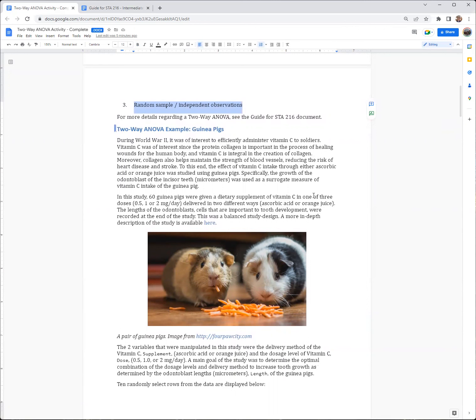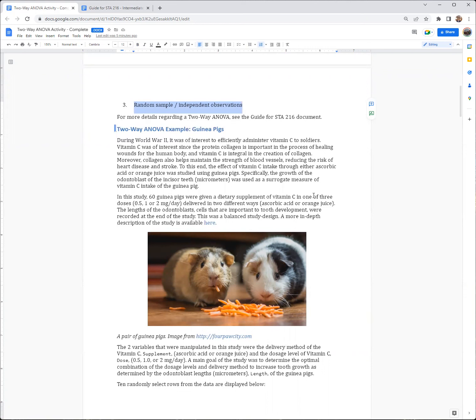In order to produce this protein, vitamin C is needed, and collagen is helpful in the process of healing wounds that we have, but also in maintaining heart health overall. So to this end, better methods for getting vitamin C to soldiers was being explored.